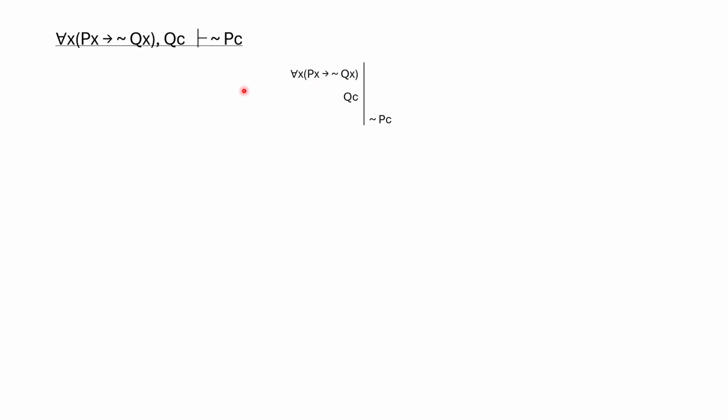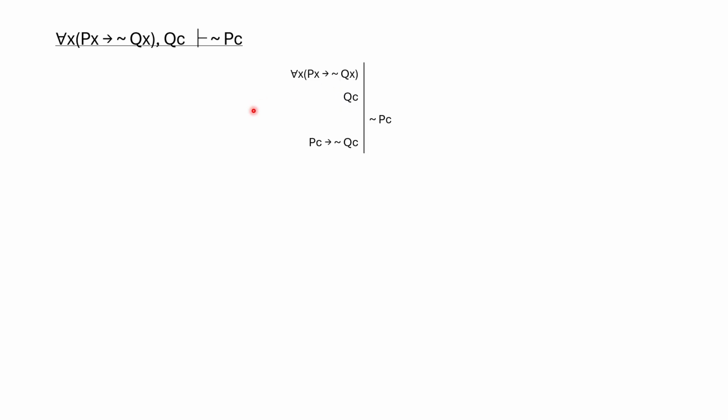Using our universal quantifier out rule, I can put in any letter that I want for the variable x. And I'm going to pick the constant c because that matches my two other statements here, my QC and my tilde PC. I'm wanting them to match because I need to find a contradiction. I could put in any letter that I want, but if I picked PA and QA, then they're not going to match.